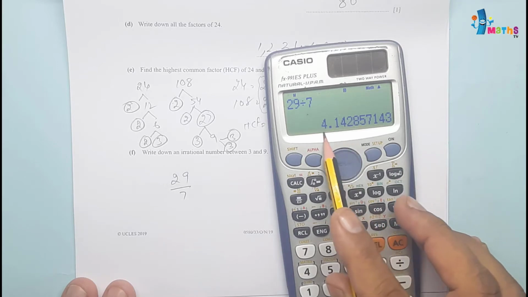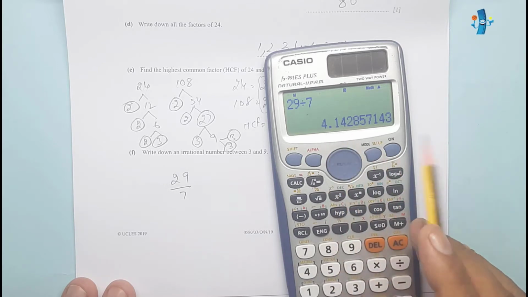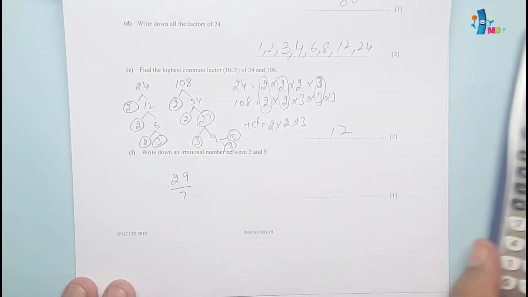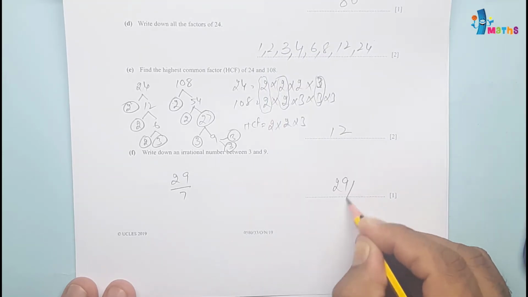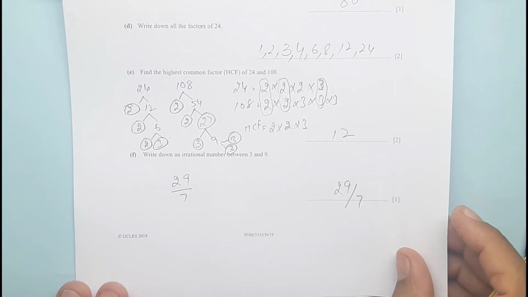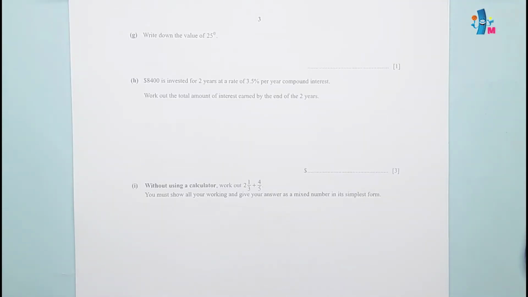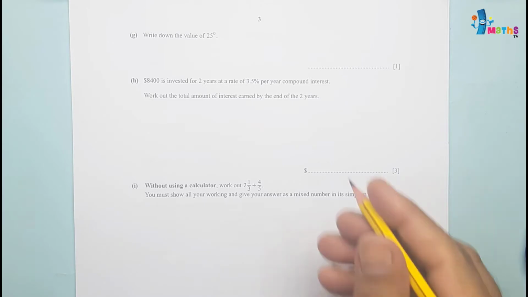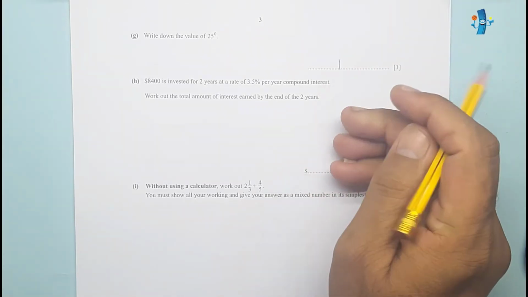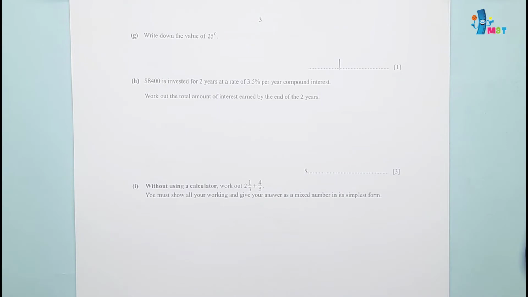Decimal value is 4.14. So we'll write 29 by 7. You can write any other number, but it should be in fraction form and between 3 and 9. Part G: write the value of 25 raised to power 0. Anything raised to power 0 will be equal to 1.